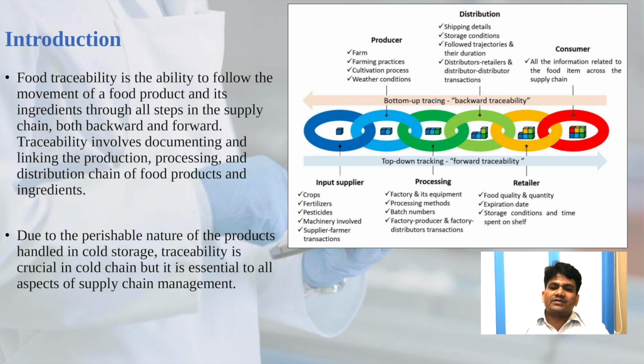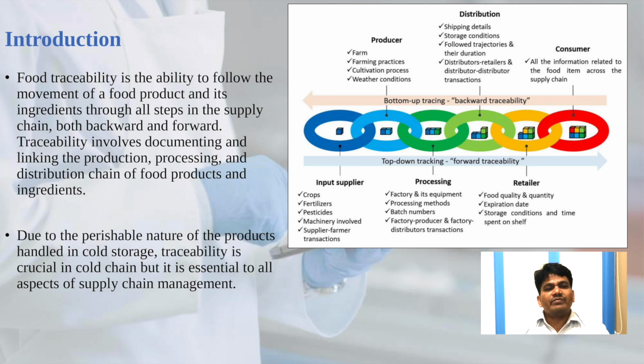We'll see that from the input supplier to the consumer, that is, the end user, many more pieces of information are there. It may look very small, but the moment we see the complex nature of this whole supply chain ecosystem, we find it starts from the input supplier and ends at the consumer.